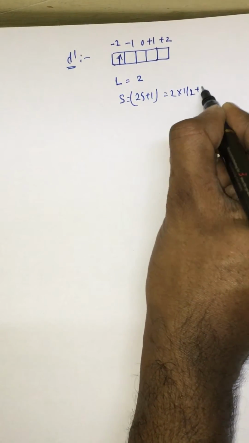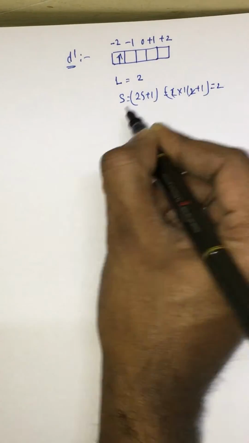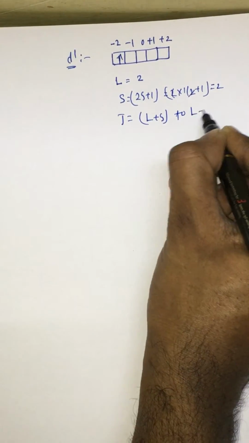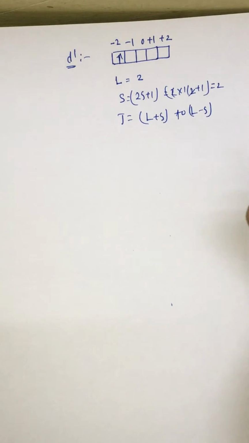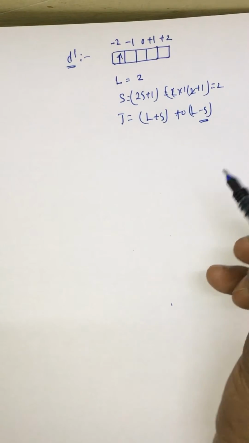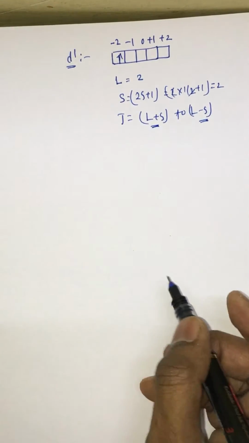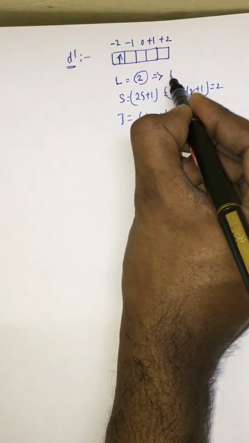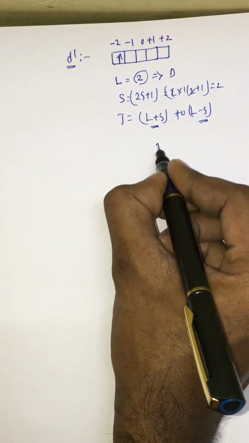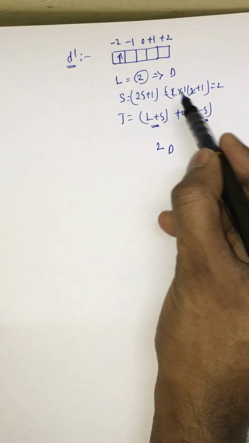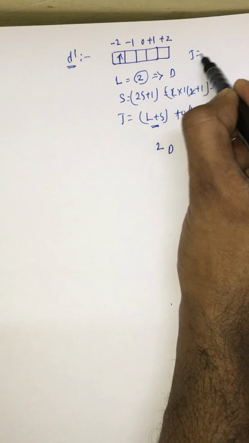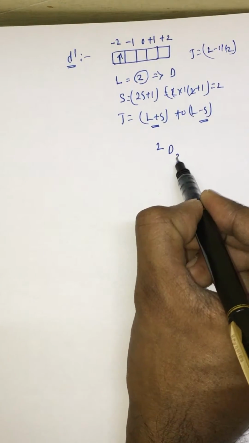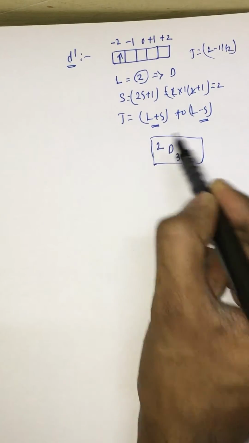And J starts from L plus S to L minus S. If it is less than half filled, L minus S will be the J value. If it is more than half filled, L plus S will be the J value. So here the term will be D, because L is 2, and it is 2D. Since it is less than half filled, the J value will be 2 minus 1/2, which is 3/2. This is the ground state term for D1.